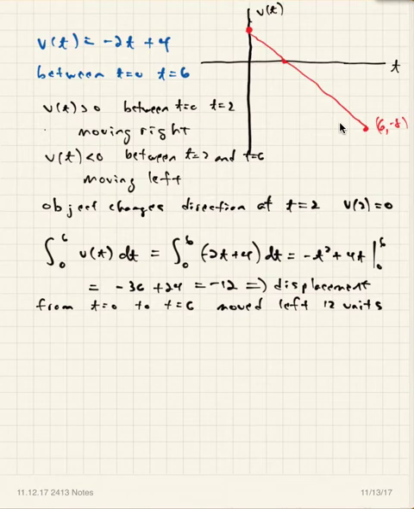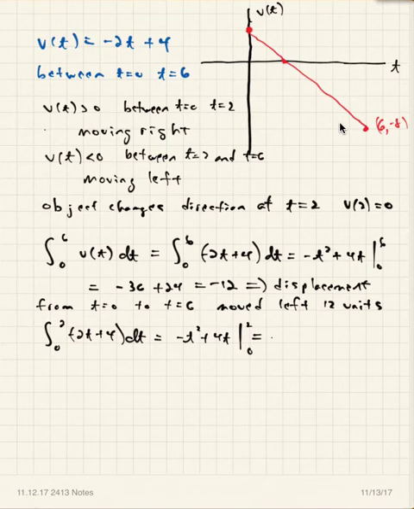Now I want you to look at some other integrals here to see how this all pieces together. If you looked at the integral from 0 to 2 for our function, the object is always moving to the right in that interval. So this will give you the actual distance moved, to the right. Same antiderivative, negative t squared plus 4t, from 0 to 2.